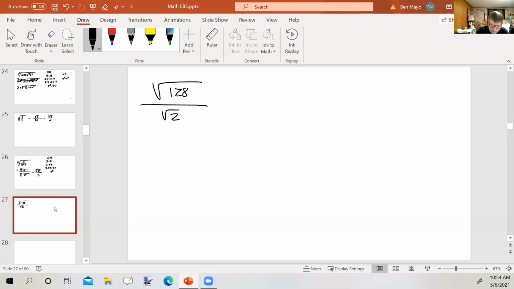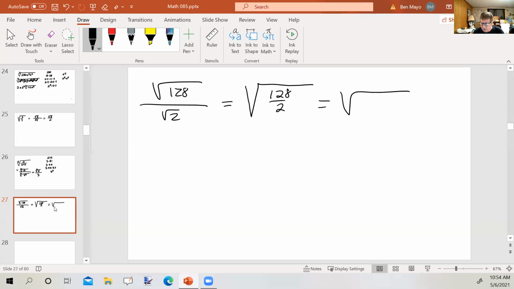We can go the other direction since the index, or the indices, I'm not sure the plural of index is, are the same. We could rewrite that as the square root of 128 over 2. But then we could take the radicand inside and say, well, 128 divided by 2 is 64, and the square root of 64 is 8.